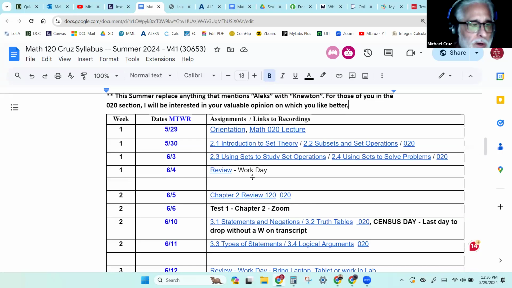So the way it works is after we go over each chapter, we will have an assigned review. It's a separate assignment from the individual one. Again, I don't know what word Newton uses. They don't use path, but those are assignments that are adaptive and work very similar to what's in Alex.